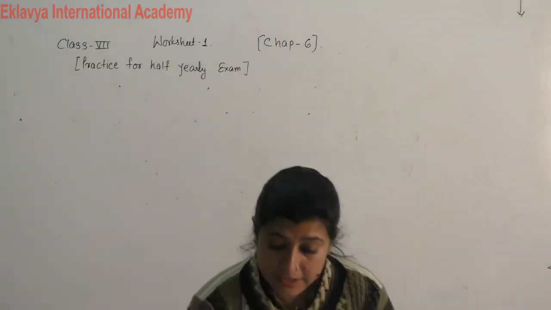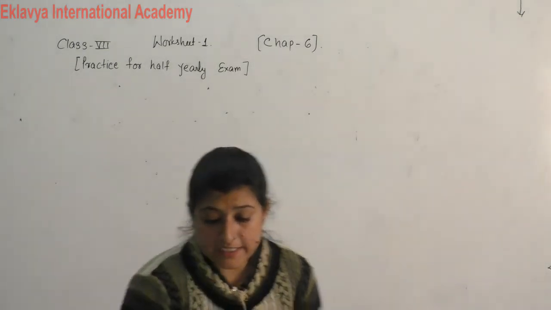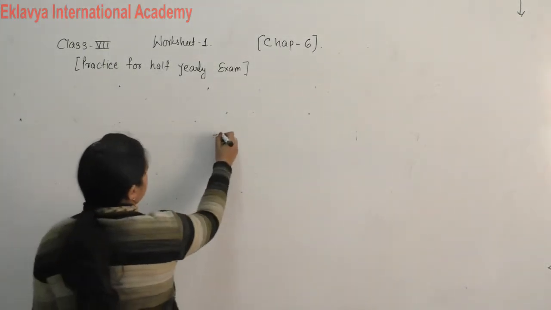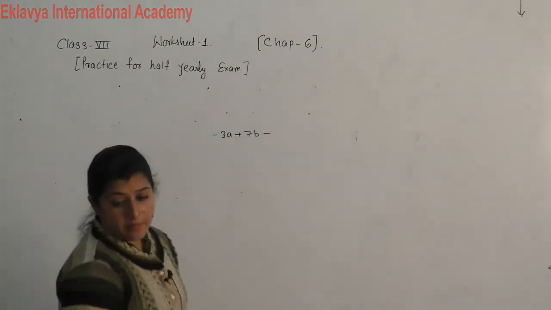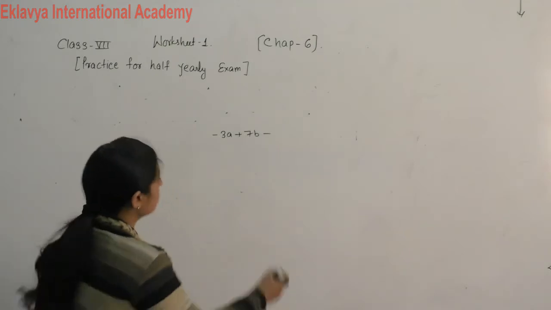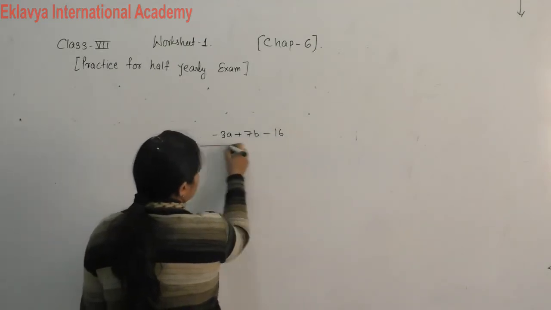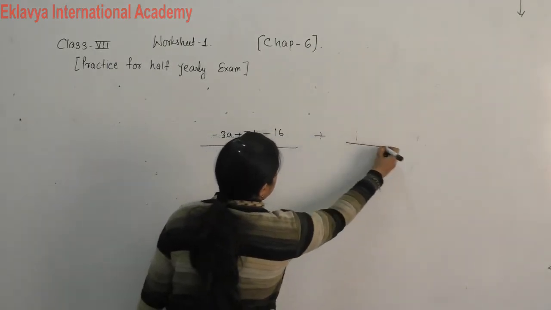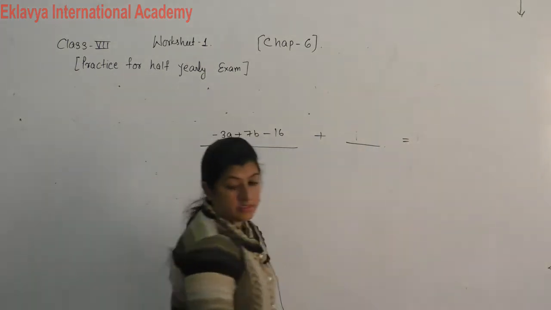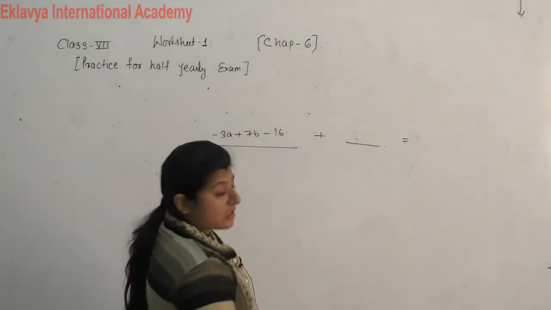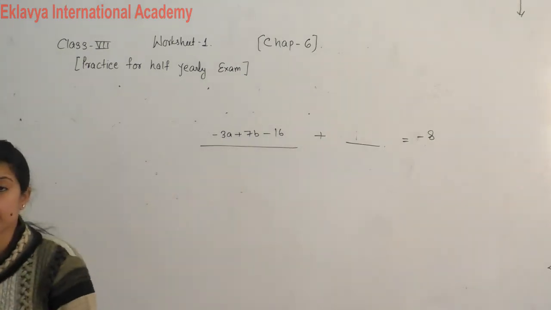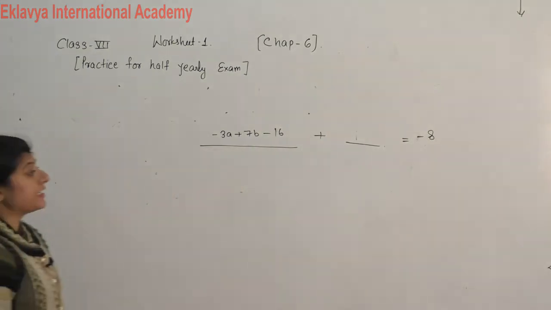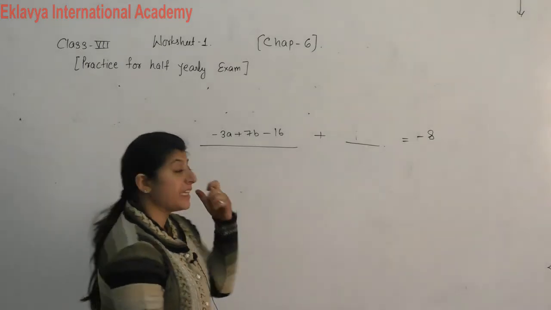Here question number 9 is: what should be added to minus 3a plus 7b minus 16 to get the sum minus 8? Means in this given expression, what should be added to get the sum minus 8?